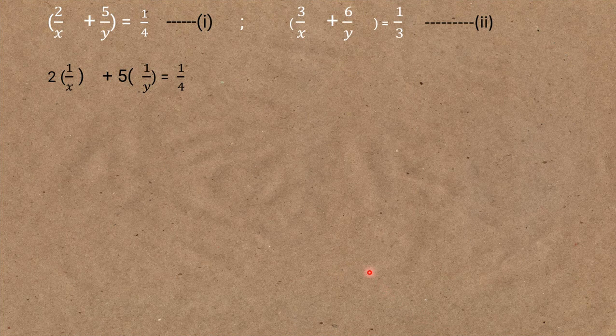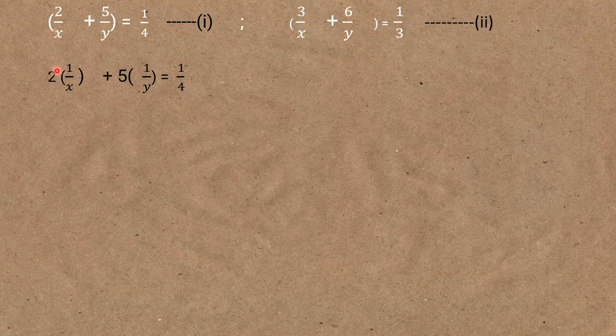Now we know how to reduce the equations. Here the equations are not in the standard form of a pair of linear equations, ax plus by plus c equals 0, because the variables appear as 1 upon x and 1 upon y.